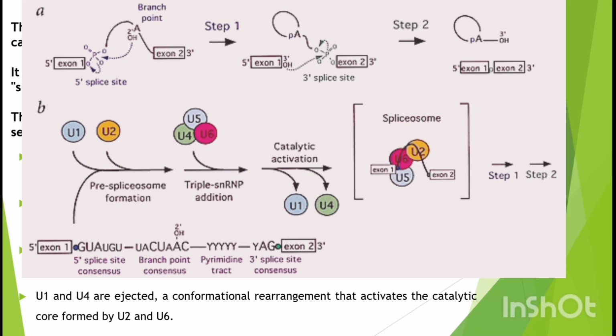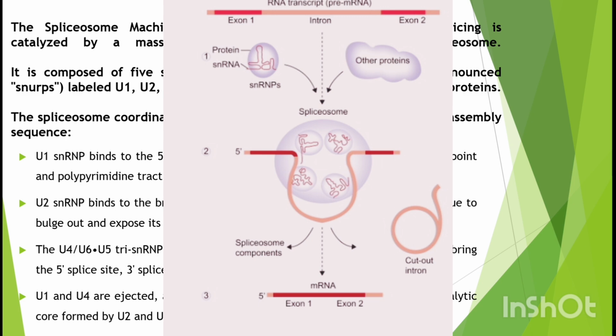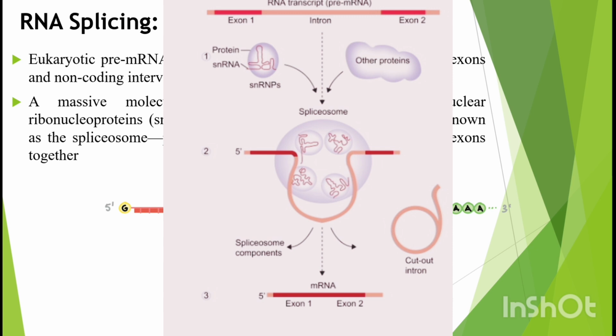So this is how they cleave the introns from between two exons. This is how RNA splicing takes place for cleaving the introns present in between exons. So these are the major steps of post-transcriptional modification in eukaryotes.